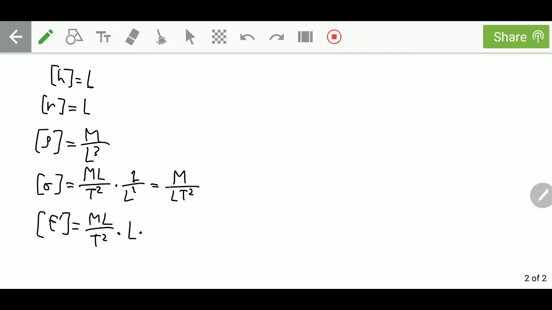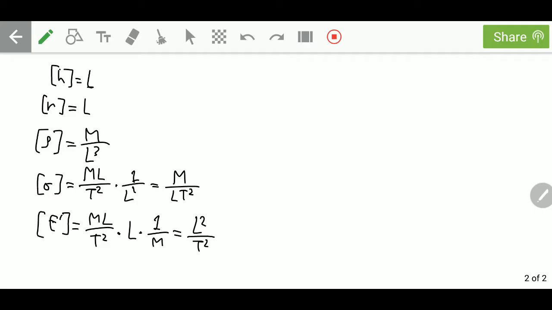However, we also know that it's energy per kilogram, so we have to divide by mass again. And so it's just L squared over time squared. You could have also seen this by the fact that kinetic energy has units of mass times velocity squared. And so when you divide by mass, you'll just get velocity squared.